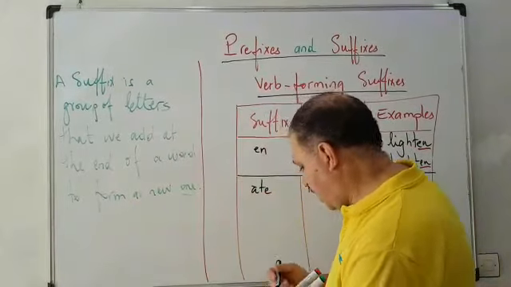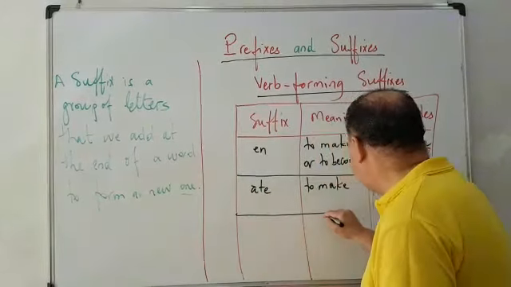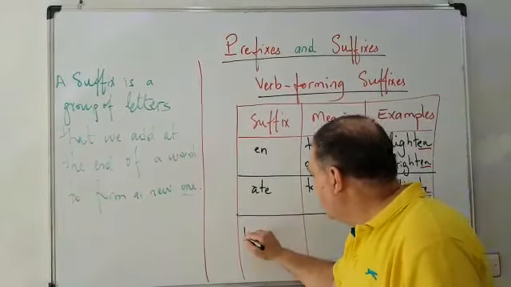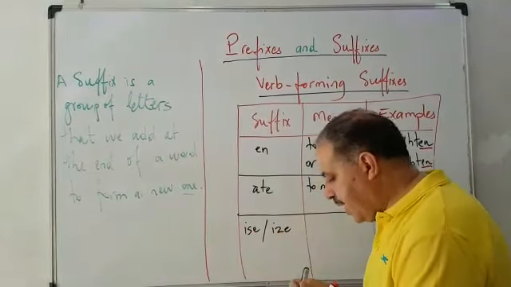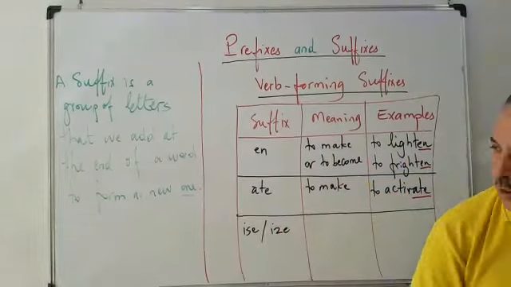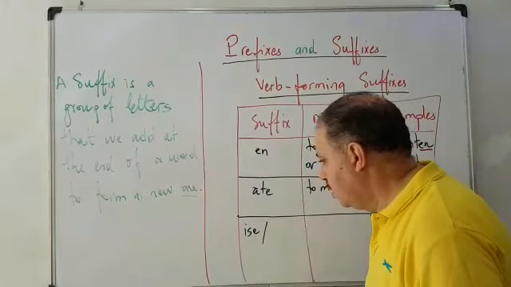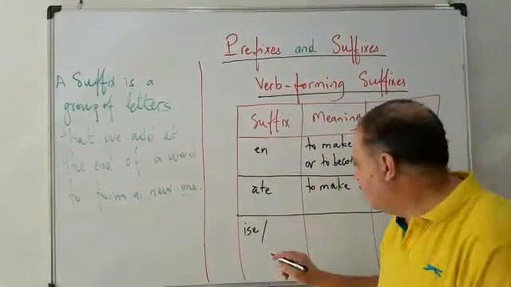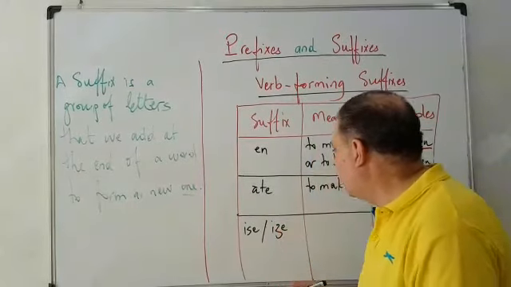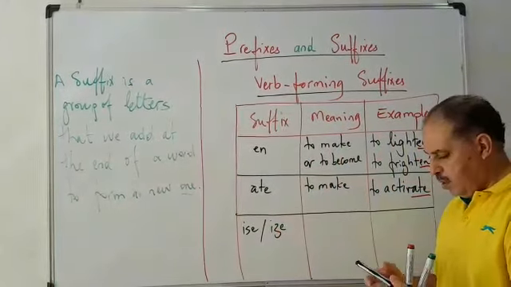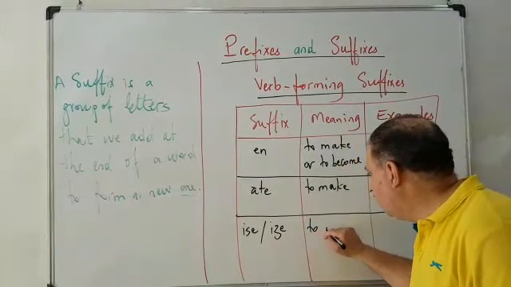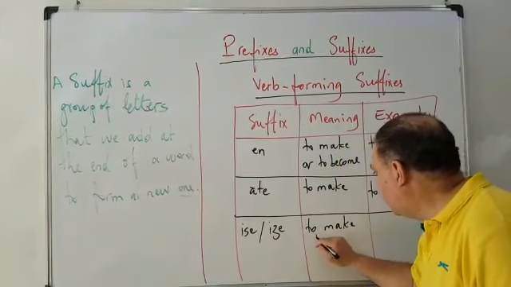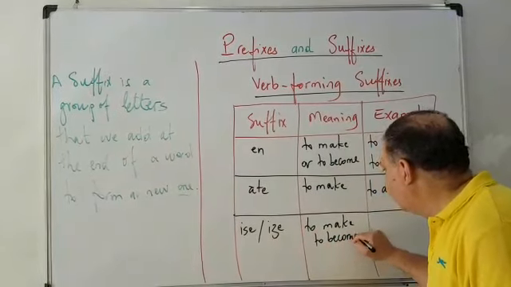And then we can talk about ise, and with Z, ize. Some verbs can contain these suffixes, and the meaning is also to make or to become.